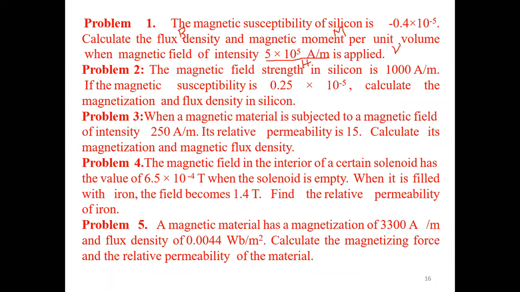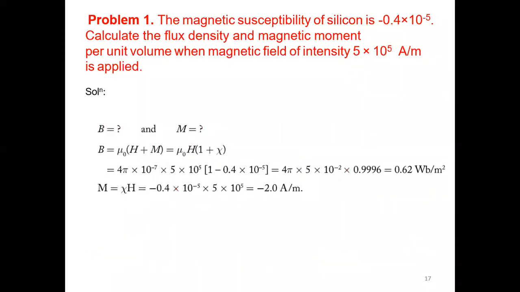Please solve it. In this case, you have to calculate what is B and what is M. We have previously derived the relationship between three magnetic vectors B, H, and M.